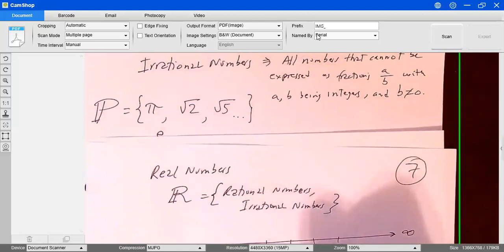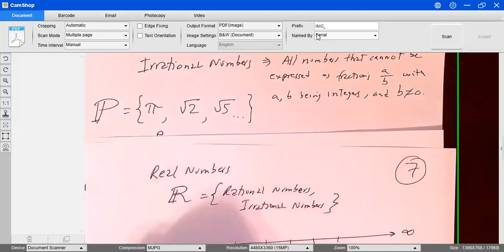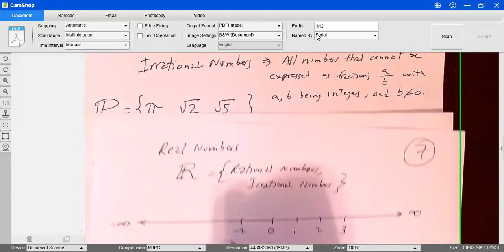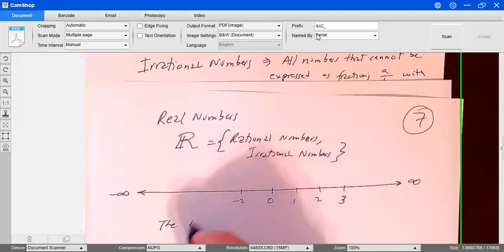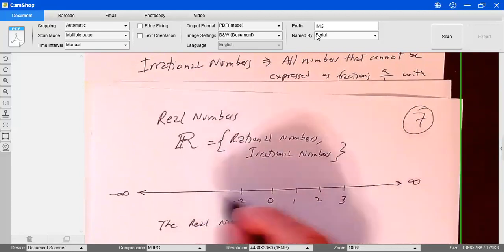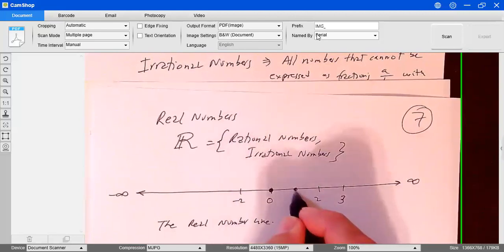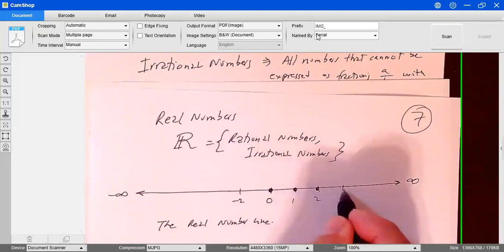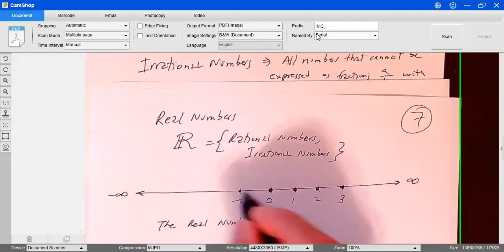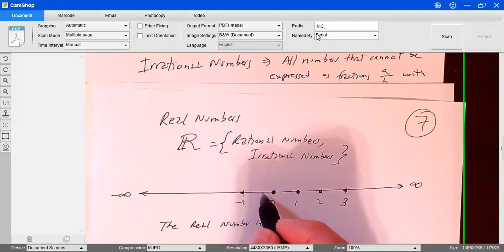So now we can say that this is the real number line. So now you have any number here. The integers again are here, but now numbers in between can be represented by using fractions.